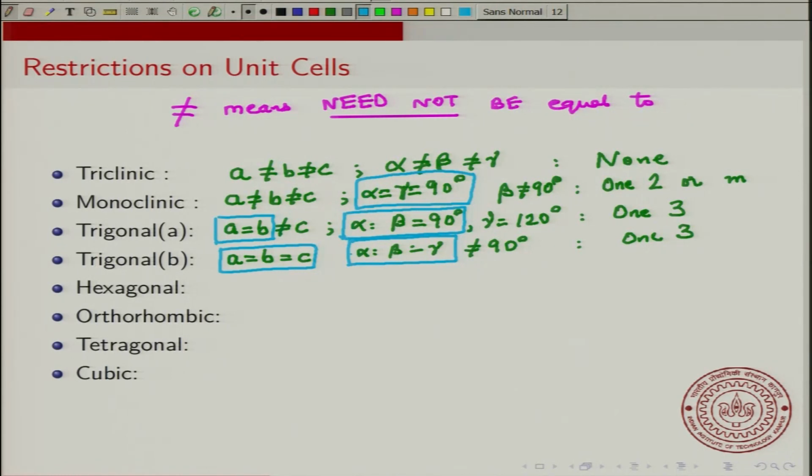What about the hexagonal? In the hexagonal system, you have exactly the same unit cell shape as the trigonal A. So A equal to B and need not be equal to C, and alpha equal to beta equal to 90 degrees, and I should emphasize that this is also a restriction, and gamma equal to 120 degrees, that is also a restriction.